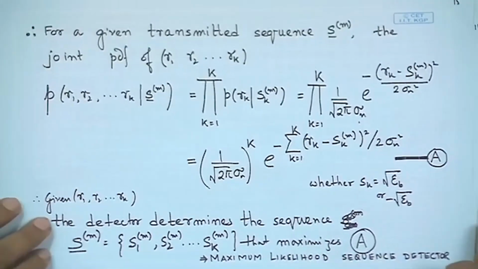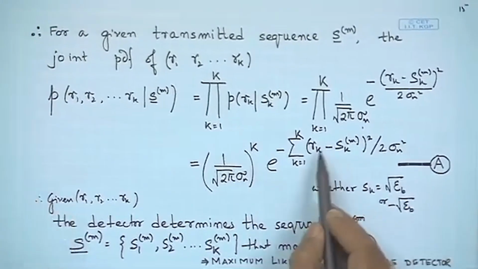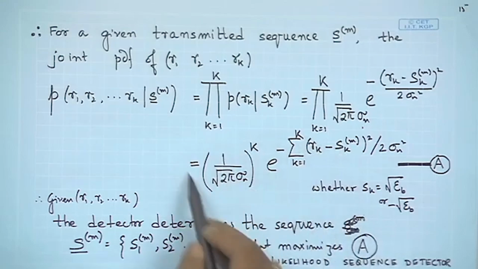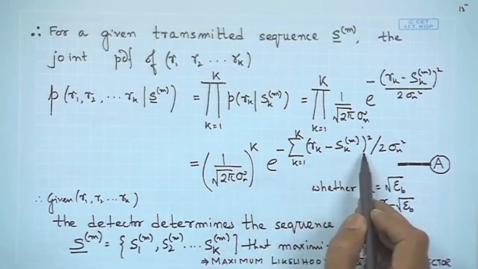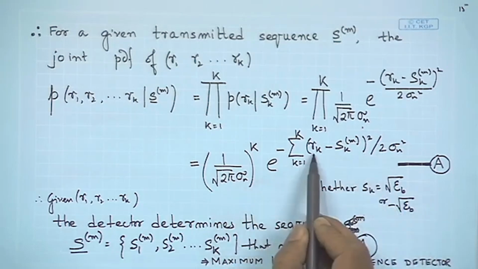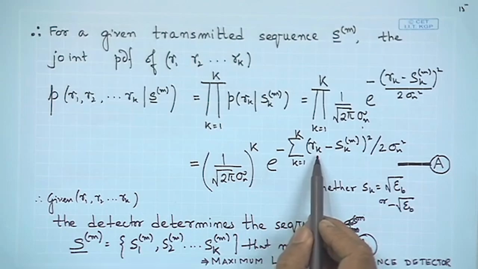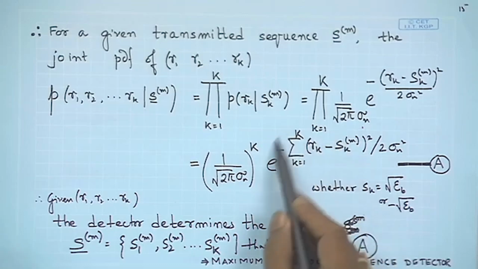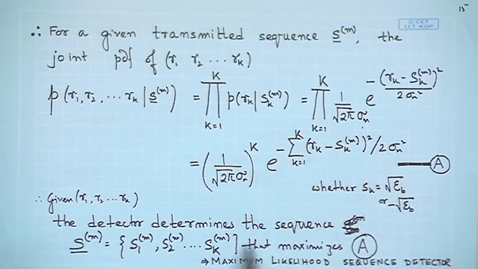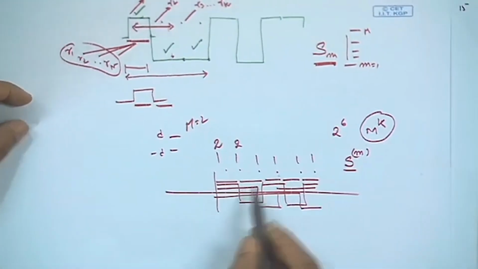So, now if you look at what it is trying to do, we have a similar expression as we had for the MAP receiver or ML receiver. Now, what we have over here is the distance of the received sequence from a particular sequence. So, we are not talking about a particular symbol, but we have a particular sequence. So, this is the distance, right. The detector determines which one of these sequences.